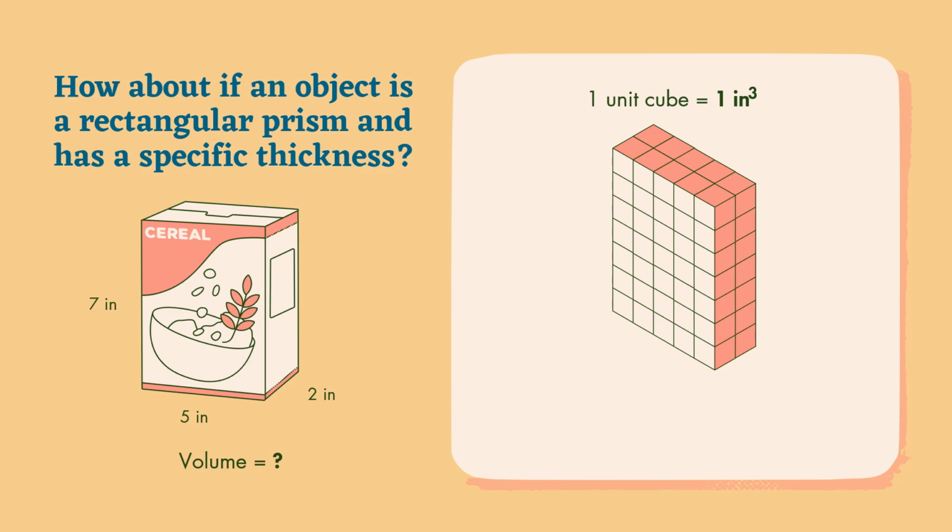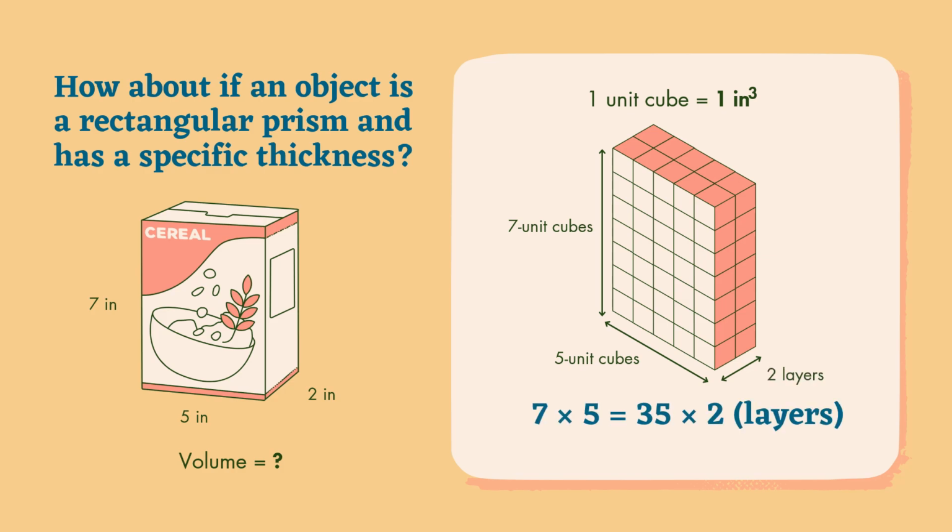The other way is to multiply the height, the length, and the width. In this example, the height is 7 unit cubes, the length is 5 unit cubes, and the width is 2 layers. So we're going to multiply 7 times 5, which is equal to 35, times 2, which is equal to 70 unit cubes.